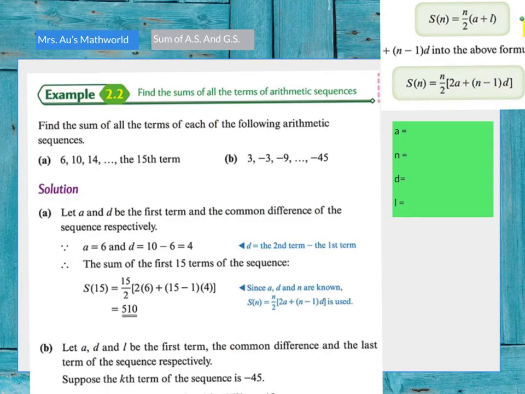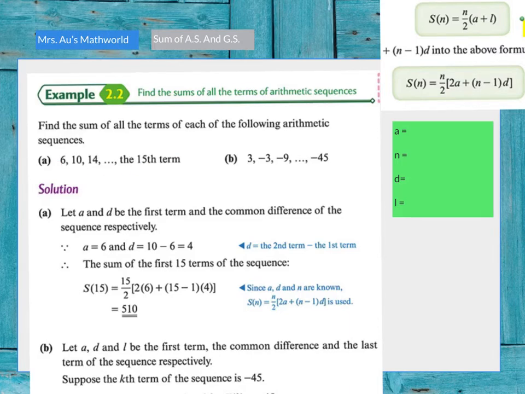Okay, so let's see how we use the information to do the questions. Each time we need to check which kind of formula we can use. So we need to check a, the first term, how many terms, d and l. In example 2.2 part A, you can see that for this sequence, you know how many terms.